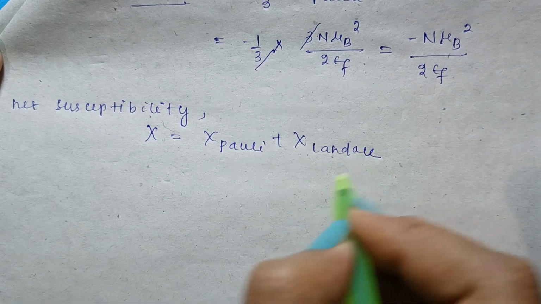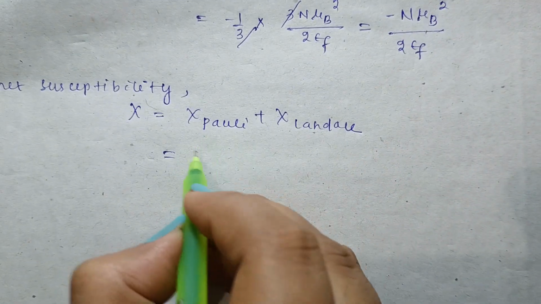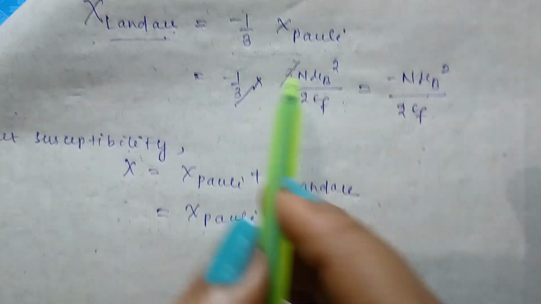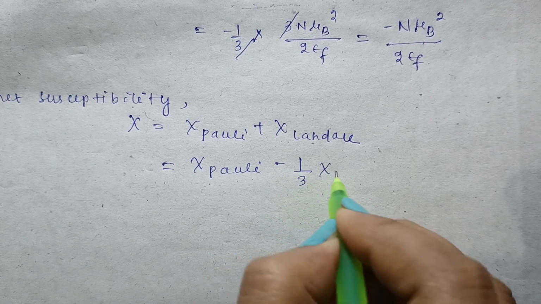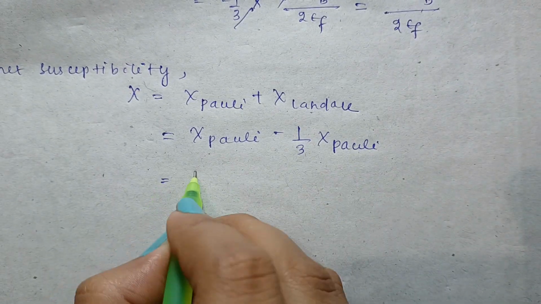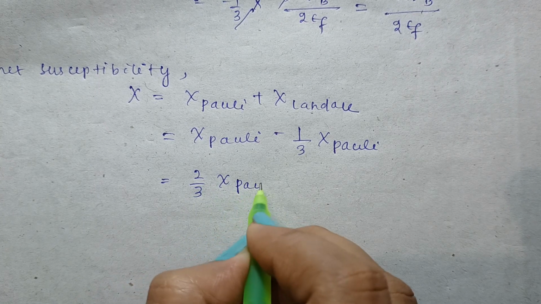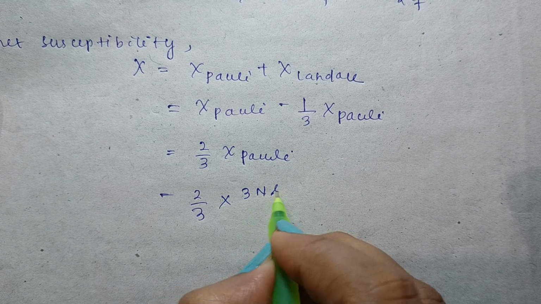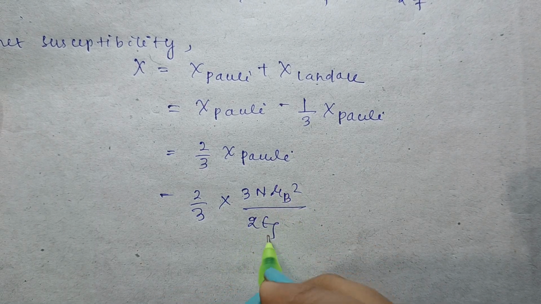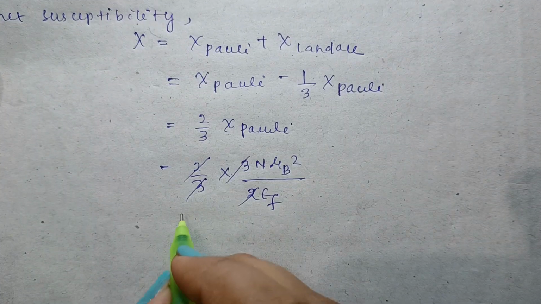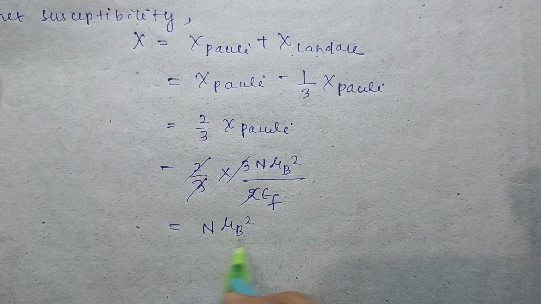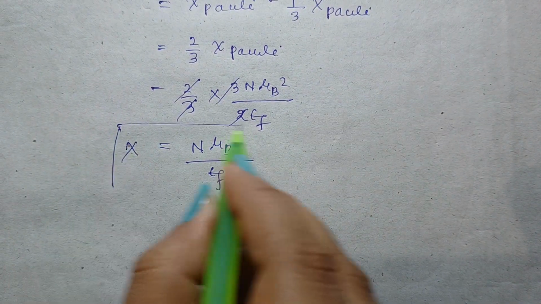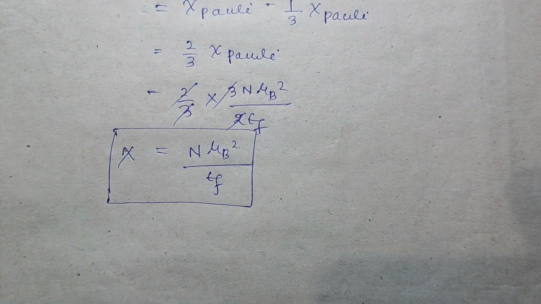Instead of Xi Landau I can simply put minus 1 by 3 Xi Pauli, and it will be 2 by 3 Xi Pauli, and 2 by 3 Xi Pauli is 3n mu B square divided by 2 EF. The 3 got cancelled, the 2 got cancelled, we are left with n mu B square divided by EF. So this is the net susceptibility of the system due to free electrons.